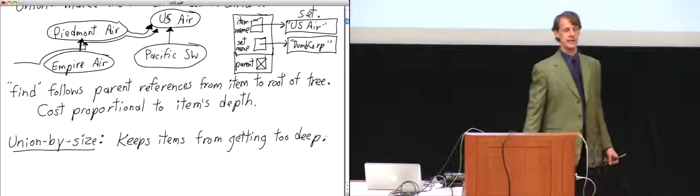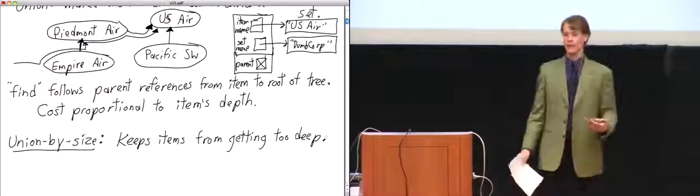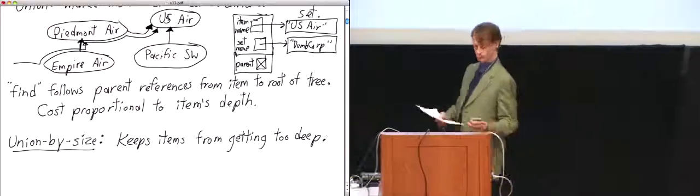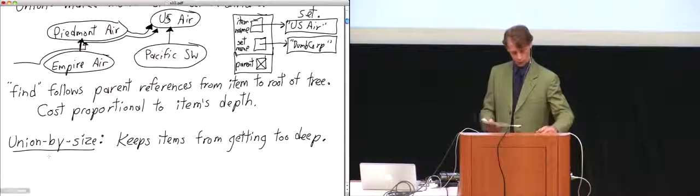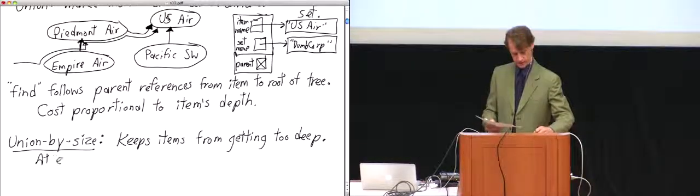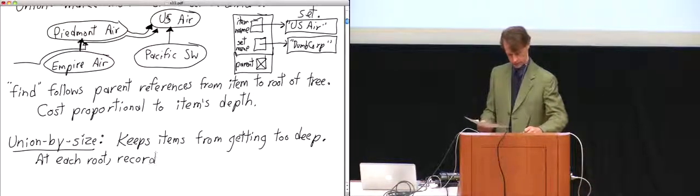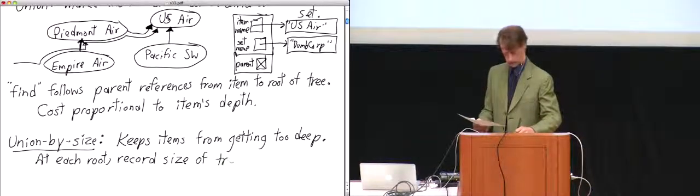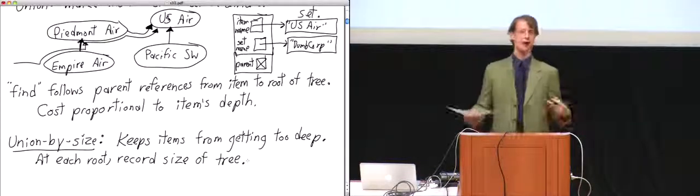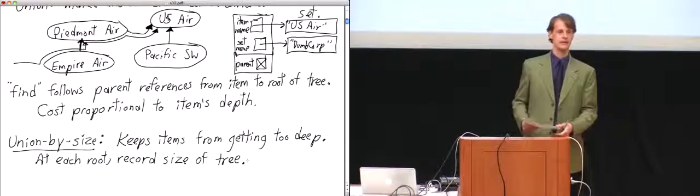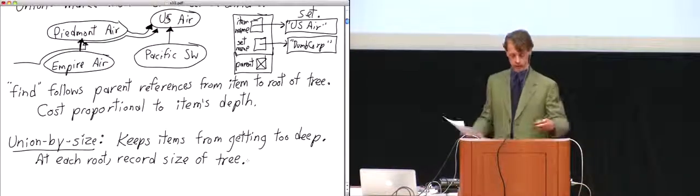To do union by size, each tree has to know how big it is. So we're going to have a rule that at each root, we record the size of its tree. And by size, I mean the number of items in that set, the number of nodes in that tree.